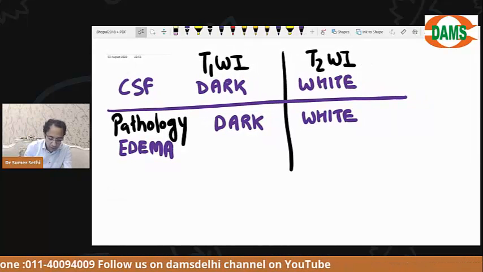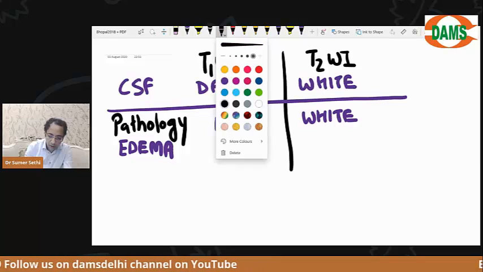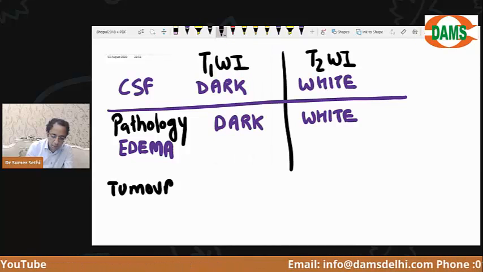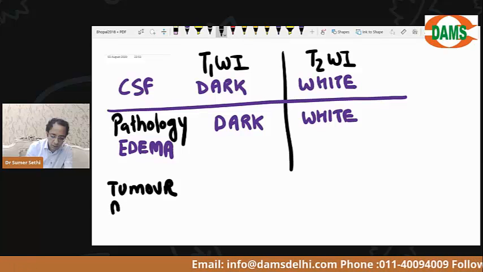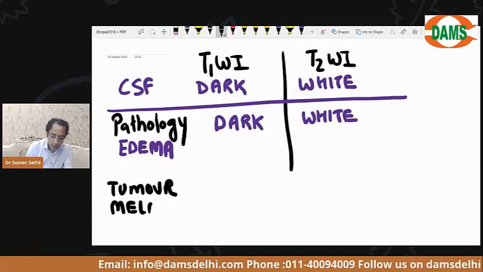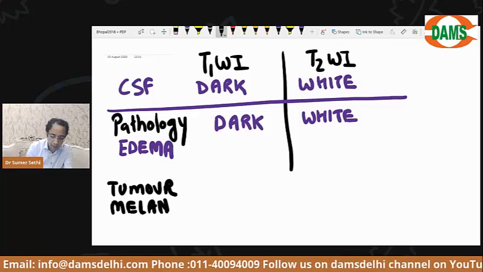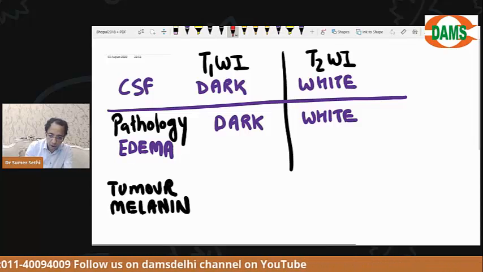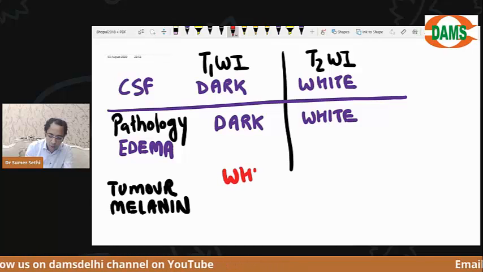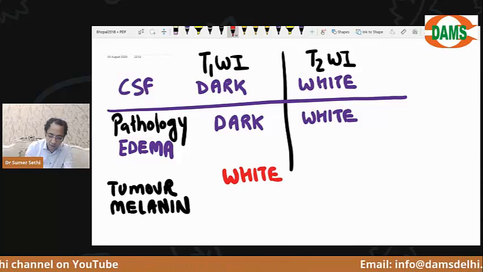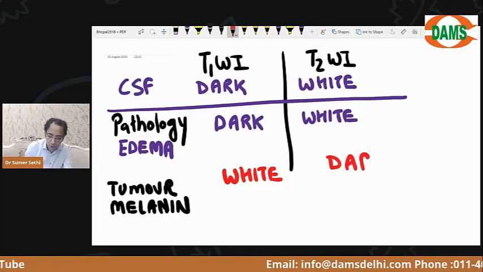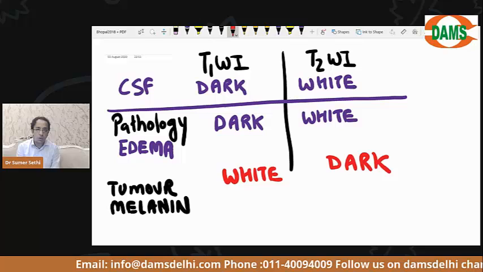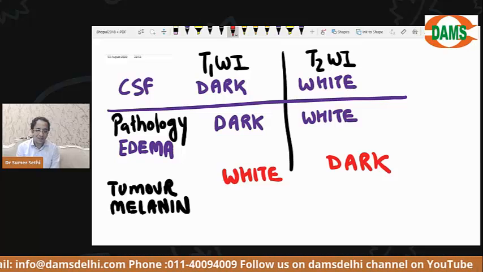But listen to me and answer. Suppose you have a tumor in your body which has a magnetic substance inside, like melanin. This rule will not be followed. When you look at the ocular melanoma in your ophthalmology, you will realize it has an appearance opposite to what we expect on MRI.